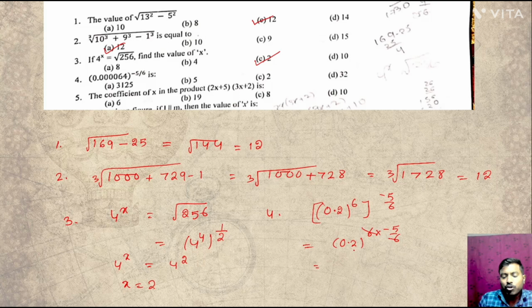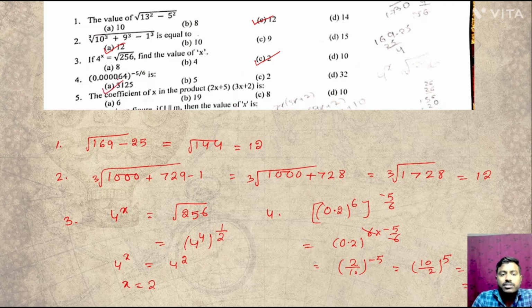We can write 0.2 as 2 by 10 whole to the power minus 5, then 10 by 2 whole to the power plus 5 is equal to 5 to the power 5 is equal to 3125. The correct answer is option number A.